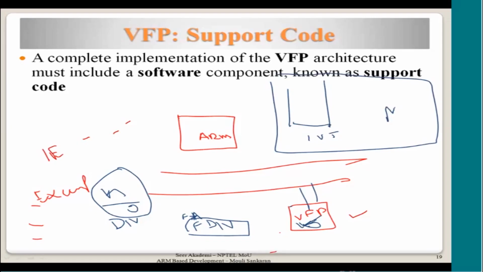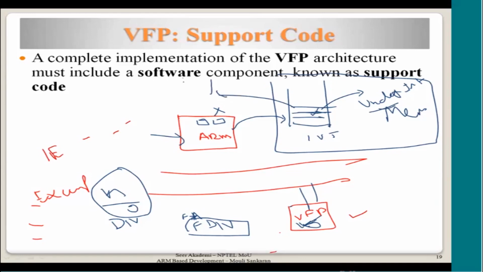Suppose this is the memory with the vector table, and maybe an undefined instruction exception has to be generated. That needs to be signaled to the processor, so that whatever the ARM processor is currently doing, it stops that and gets control to the vector table, where the undefined instruction vector is picked up, and then the handler which is stored in the memory is executed.